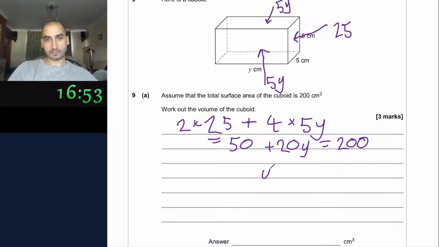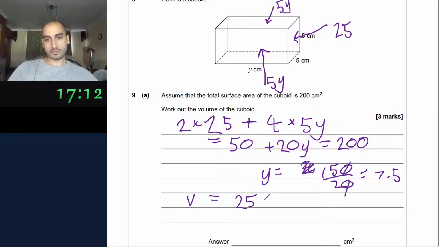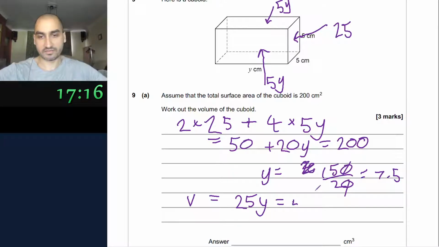So y equals 150 over 20, 7.5. So the volume is 25y equals 25 times 7.5.